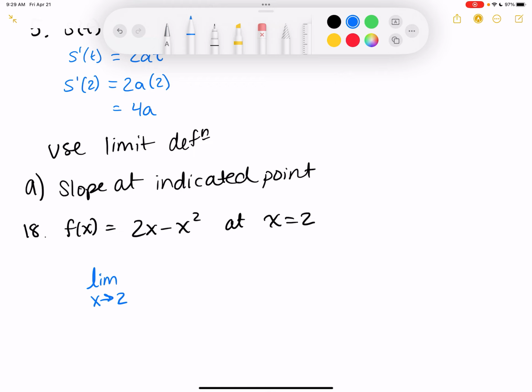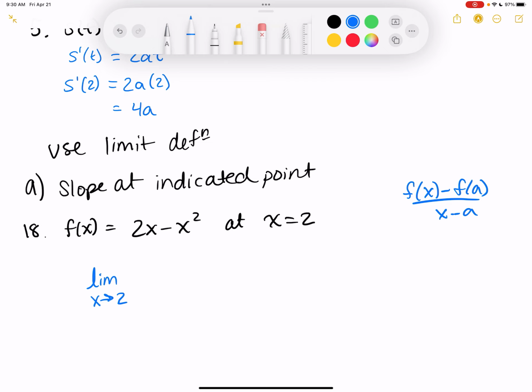Basically, it is f of x minus f of a over x minus a, pretty much the formula we're using for this. That's what I was trying to find. It's not really explicitly written, we did it in an example.